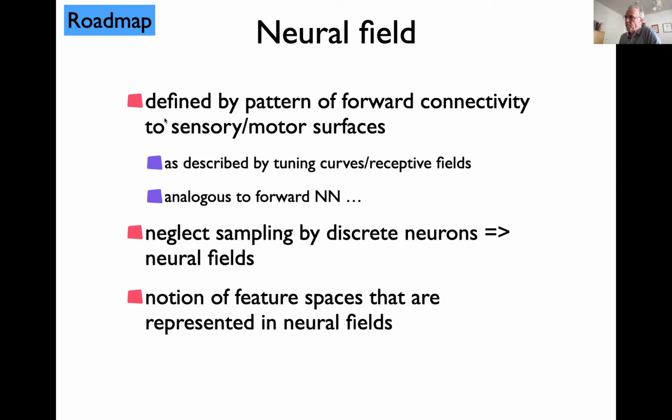The roadmap for the next couple of slides is to look at patterns of forward connectivity from and to sensory motor surfaces, tuning curves, receptive fields, analogous to feedforward neural networks, and see how, when we smear out neurons and no longer consider them discretely separate, we get to neural fields. And then briefly talk about what feature spaces then mean.